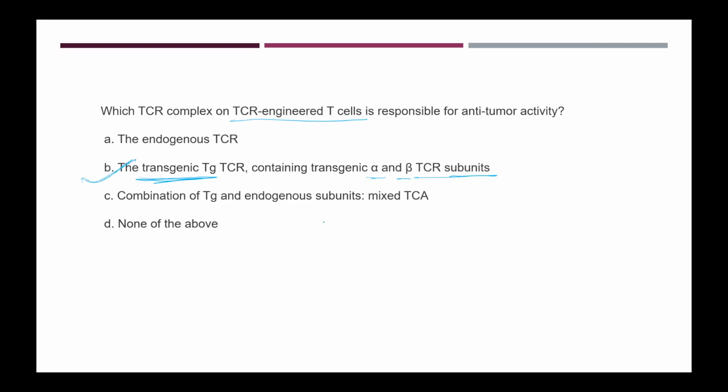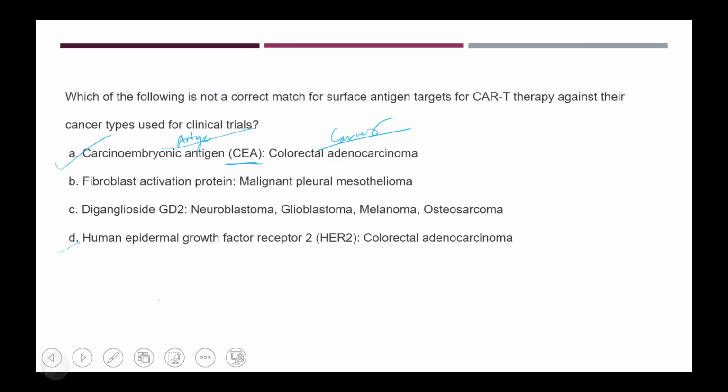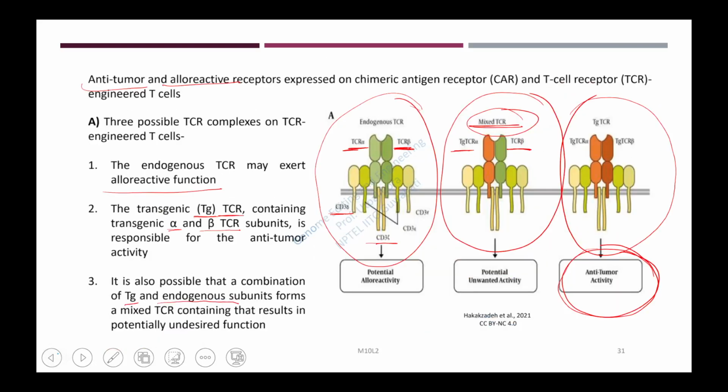The combination of transgenic and the endogenous subunits will produce a mixed kind of response or unidentified response. And so correct will be this one. Transgenic TCR containing the transgenic alpha and beta TCR subunits, which we have discussed here. This one, anti-tumor activity with the transgenic TCR. This one. Transgenic TCR containing transgenic alpha and beta TCR subunits is responsible for the anti-tumor activity.